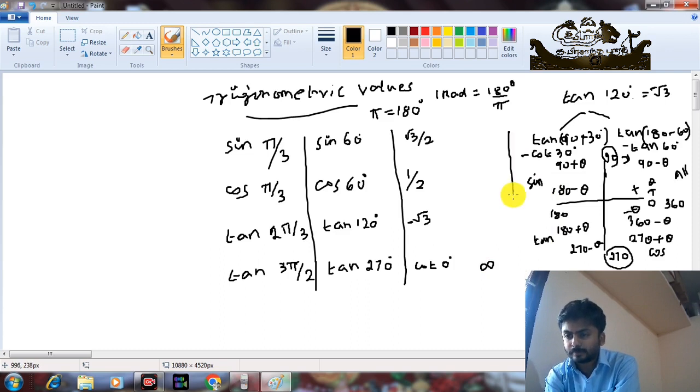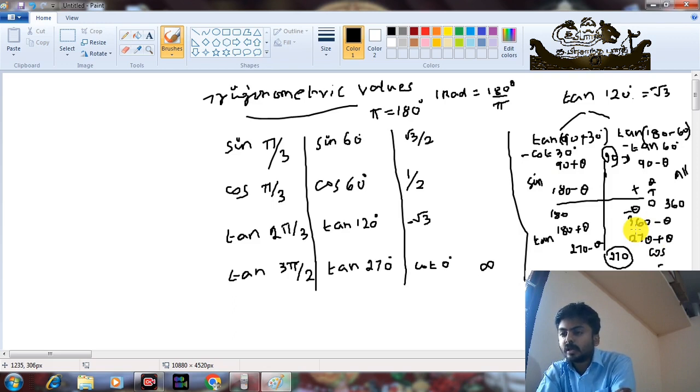Okay, or I am writing it as 270 plus theta, or 270 plus 0. 270 plus 0 means it is again minus, because in the fourth quadrant only cos terms are positive, so other values are negative.